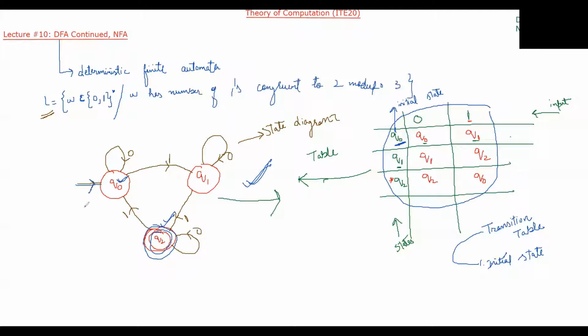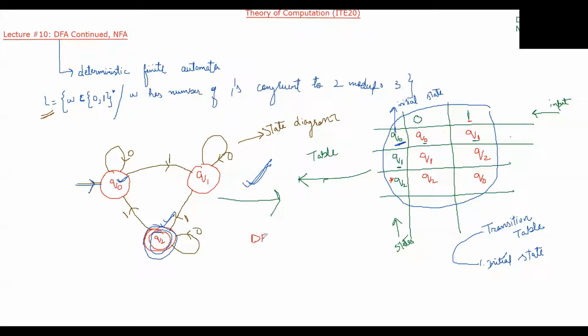In the state diagram, the initial state is represented by an arrow, and in the transition table it is represented by the first state of the first row. The final state in the state diagram is represented by two concentric circles, and in the transition table it is represented by putting a star before that particular state.